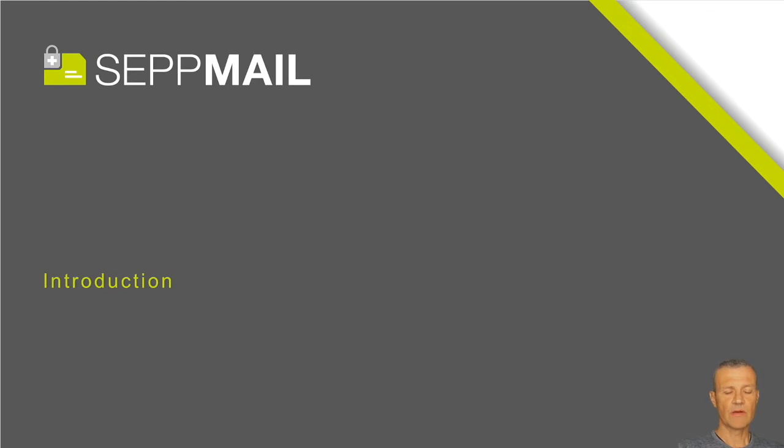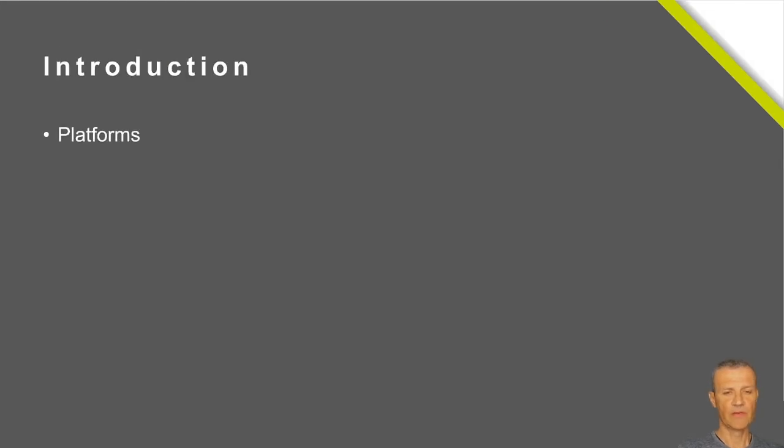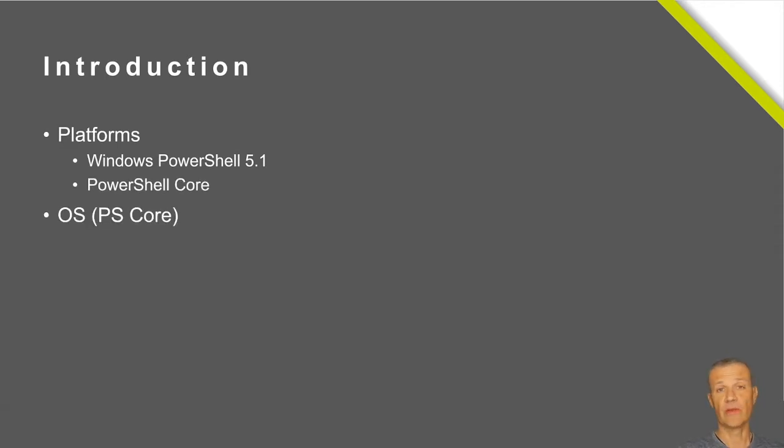So the PowerShell module is built in a way that we run multiple platforms, so you can install it not only on Windows PowerShell 5.1, which is not actively developed any further from Microsoft. The new platform-independent one is PowerShell Core. So you can run it on both Windows PowerShell or Core.